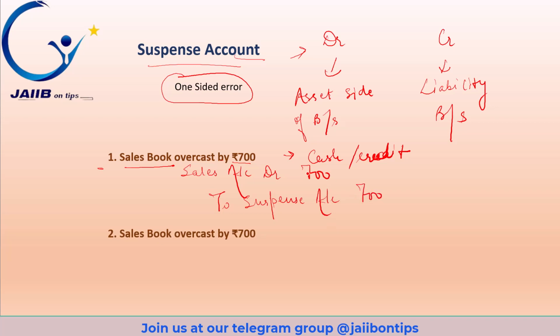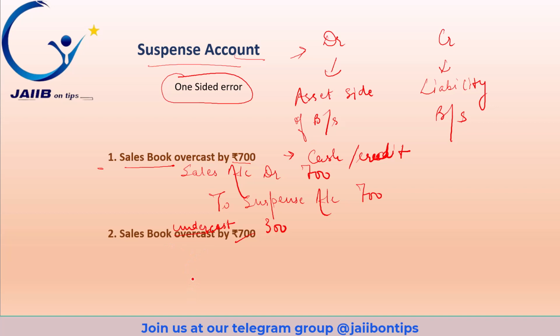Next one is sales book undercast by rupees 300. Right? So sales book undercast by rupees 300. That means we have given 300 rupees less to sales book.